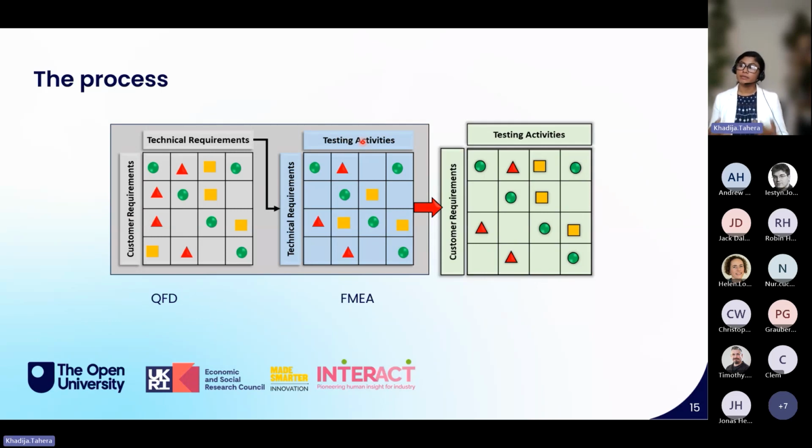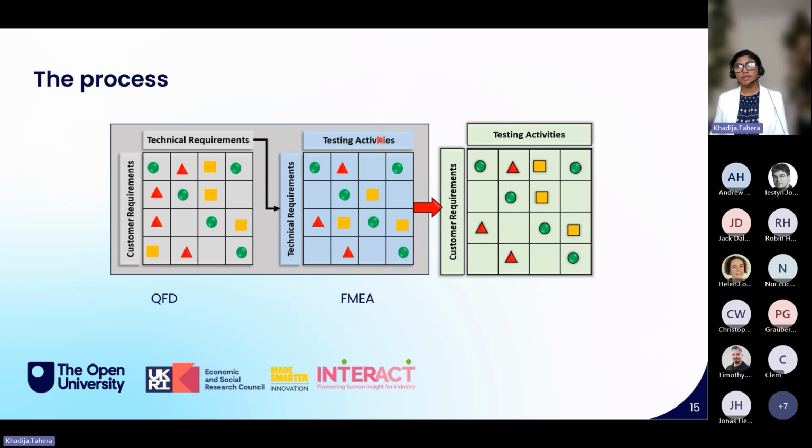The problem we have seen in the case study is that they know by the testing activities what tests they are doing, and what technical requirements they are validating, but they don't know which customer requirements exactly this test is validating.